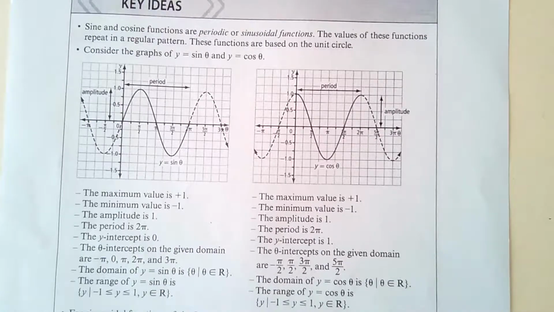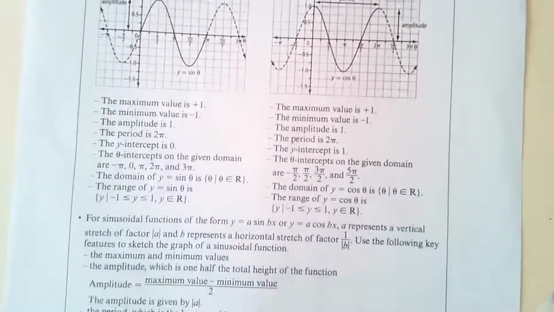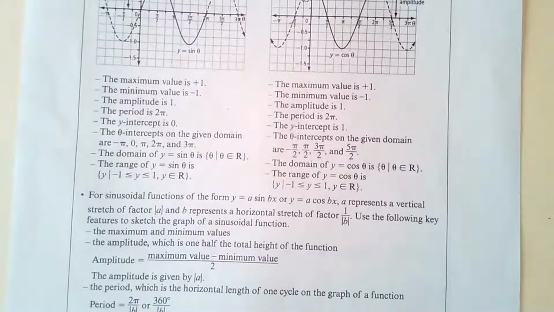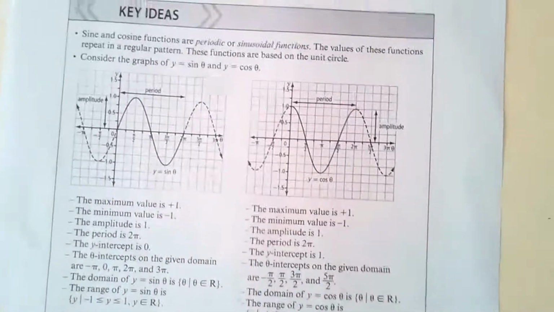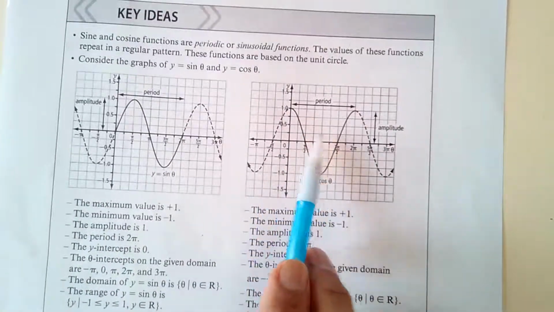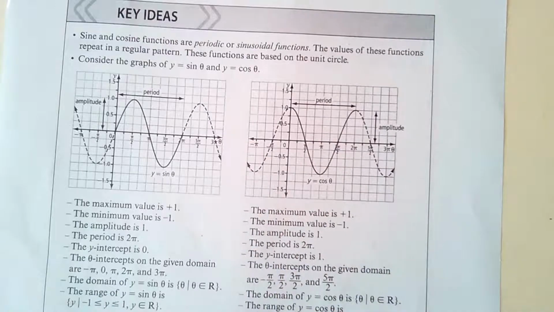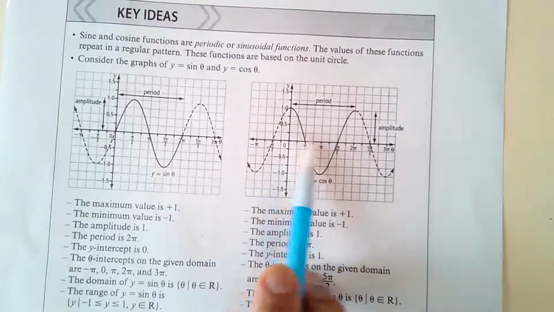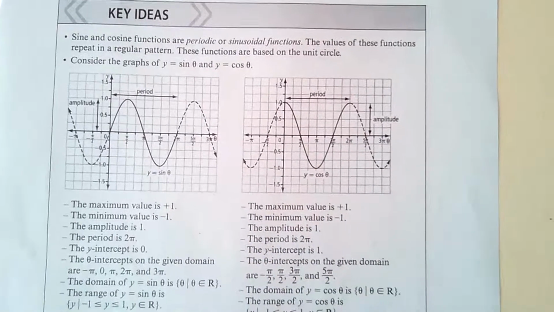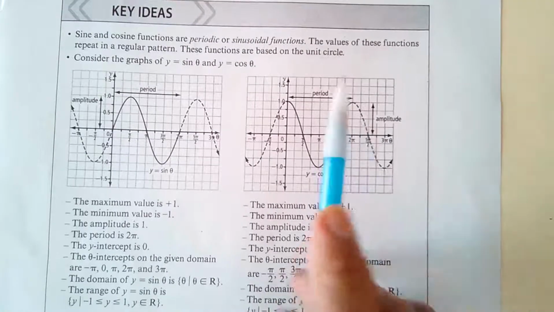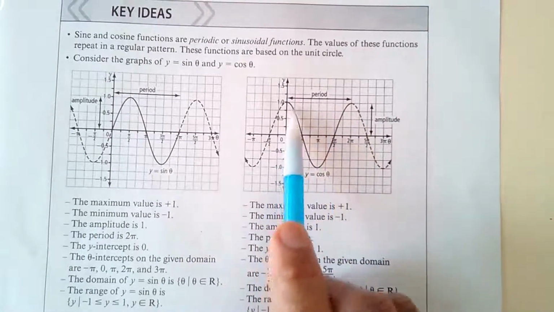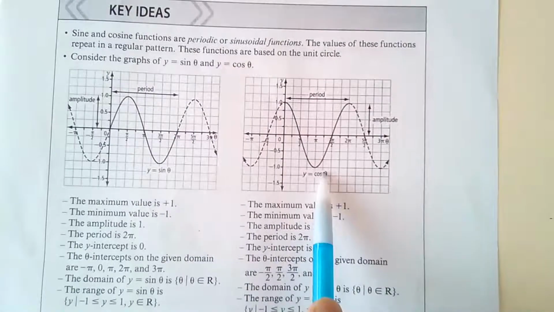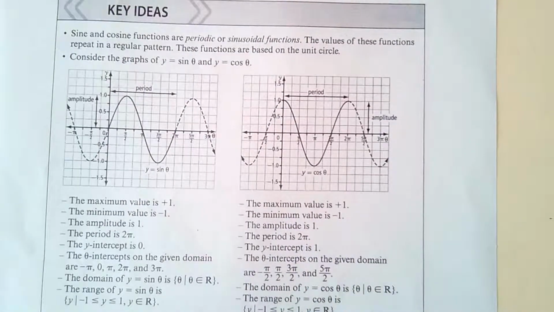The period is 2 pi over b. So the cos graph looks as a shift relative to a sine function. In terms of the period, it's 2 pi, the amplitude is 1. So y is equal to cos of x, so theta.